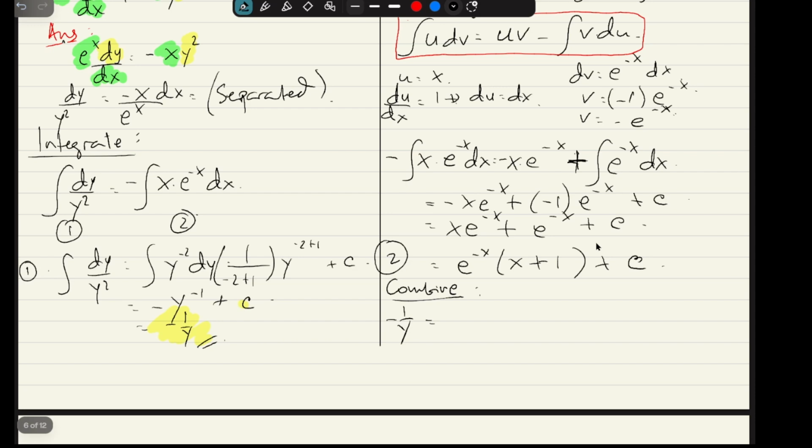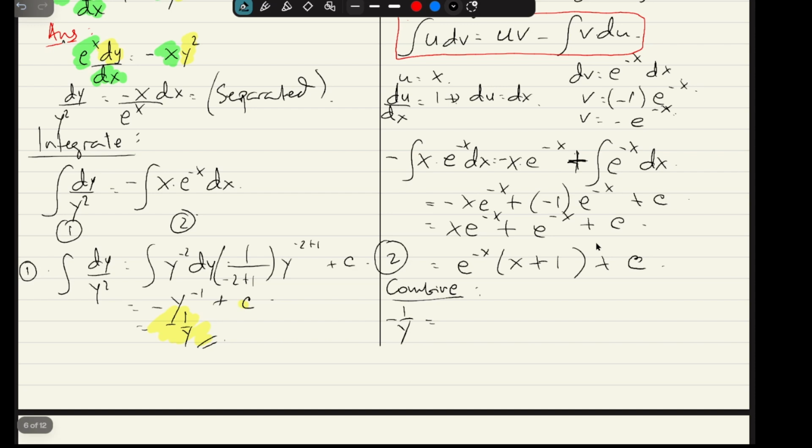Let me just double check all the signs are correct. Yeah, negative x plus 1. I think I may have displaced one of the signs here. So let's just move on. So this will be negative 1 over y equals, I think everything is correct.